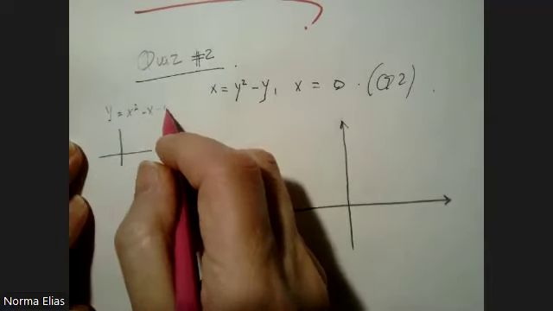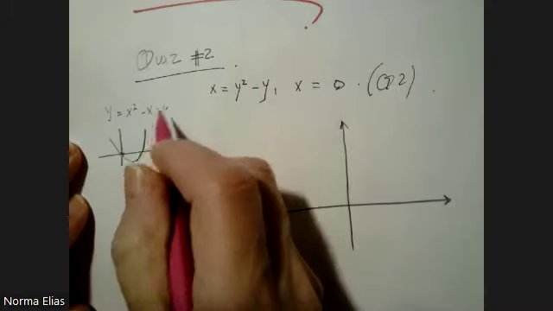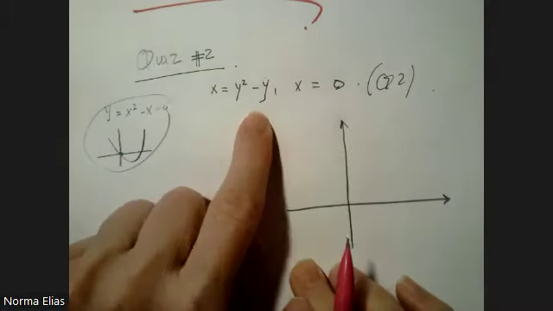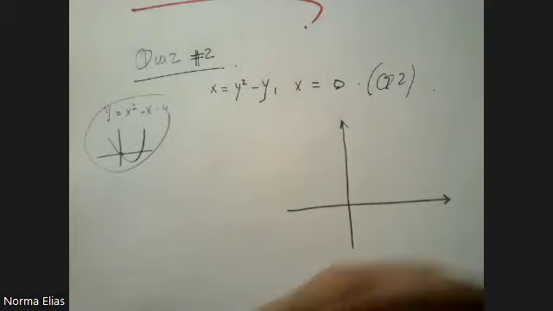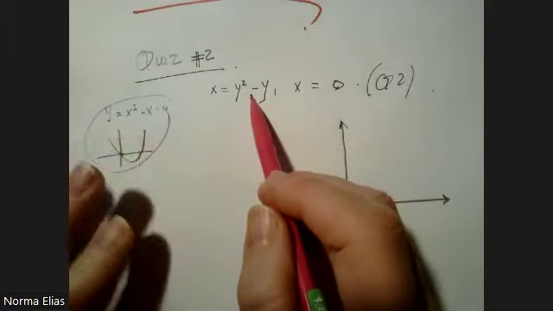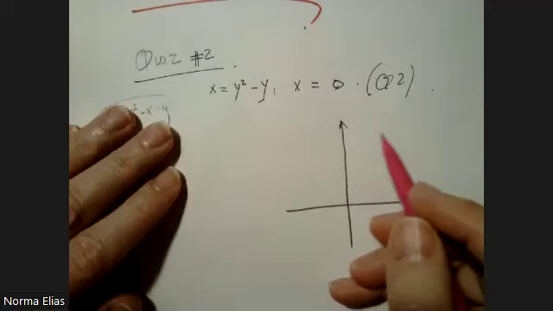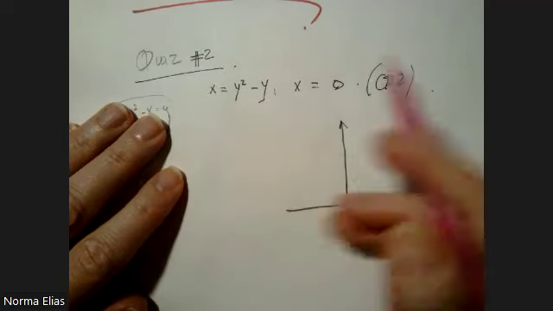And if you look for the zeros, you get zeros at 0 and 1. This is basically the same thing, but the axis of symmetry is the x-axis. So if you draw this, you know it's going to be a parabola going this way. To have it exactly, you find the zeros.